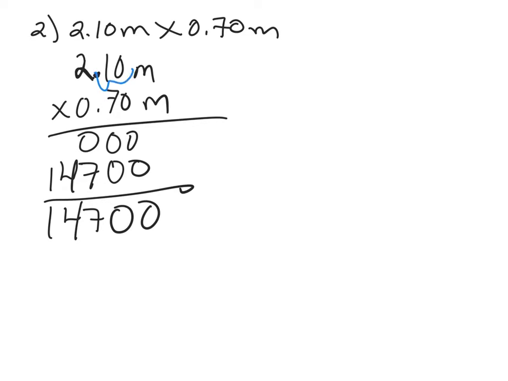There are 4 decimal places total in the numbers multiplied, so we move the decimal place 4 times. 1, 2, 3, 4.